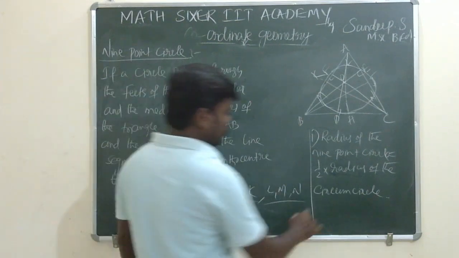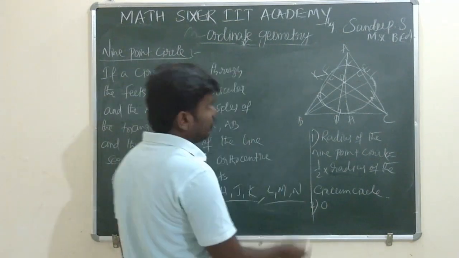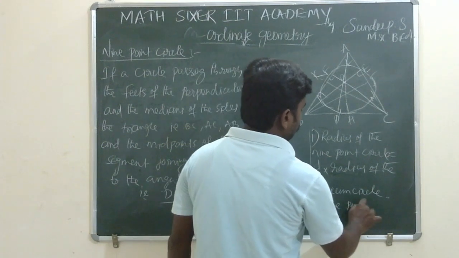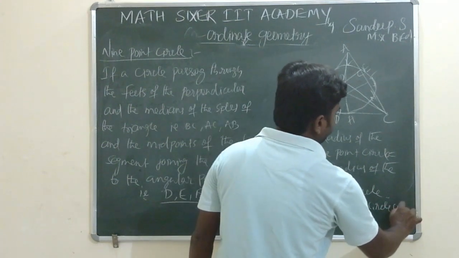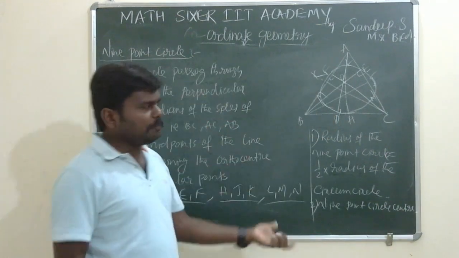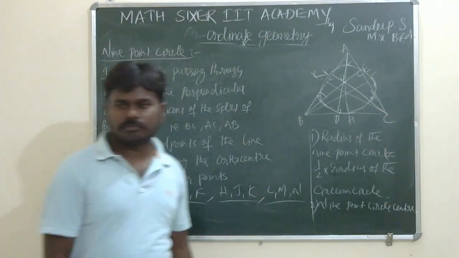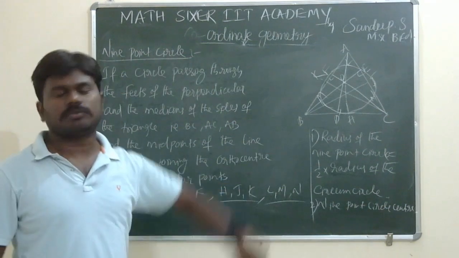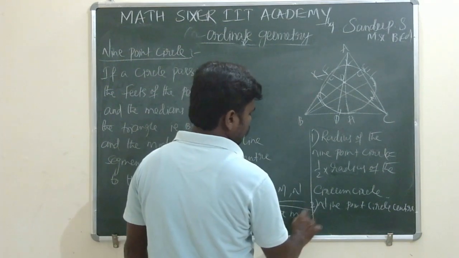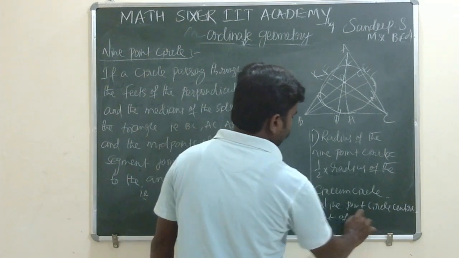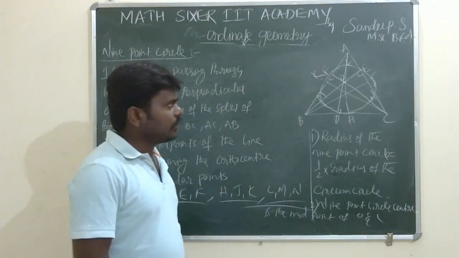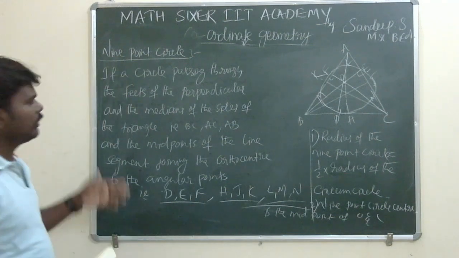Also, the center of the 9-point circle is the midpoint of O and C, that is, the orthocenter and the circumcenter. So these are the important points for the 9-point circle.